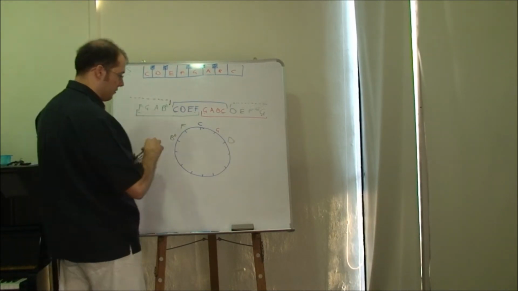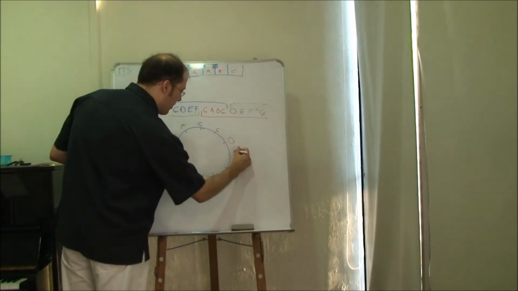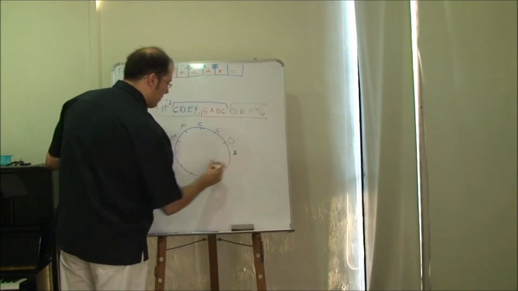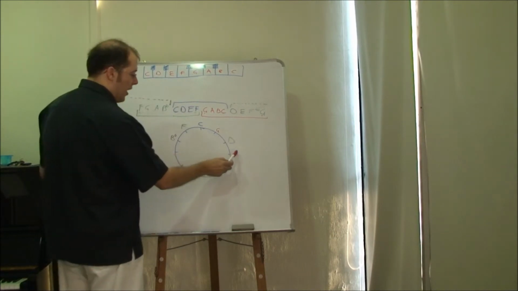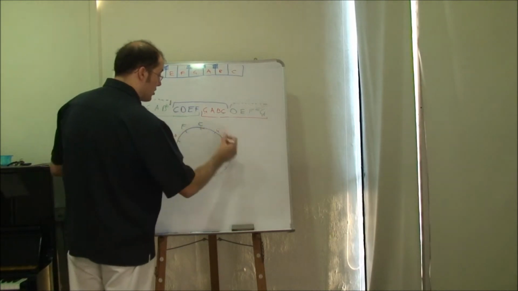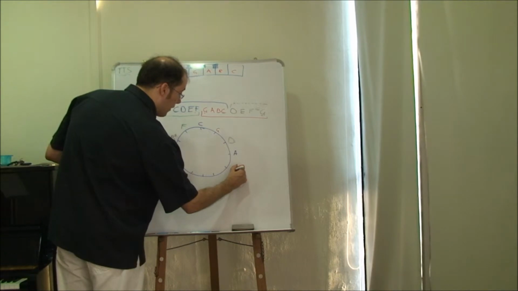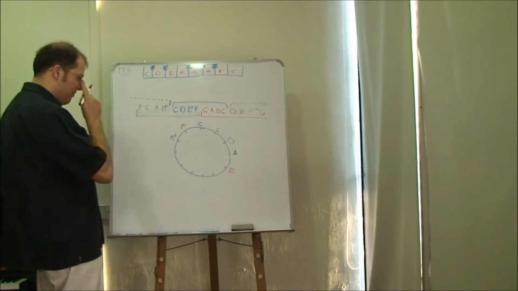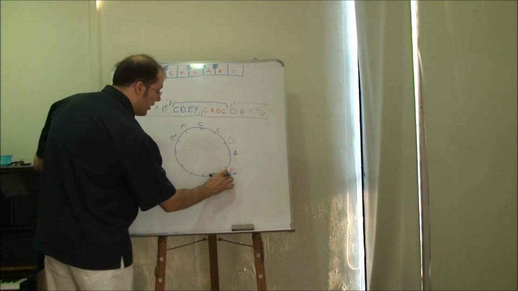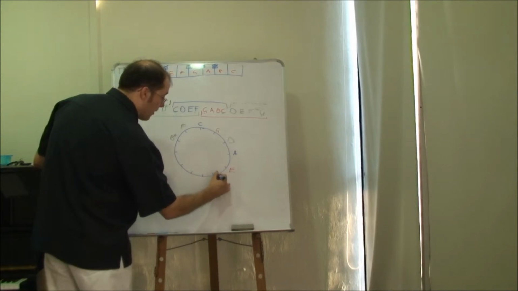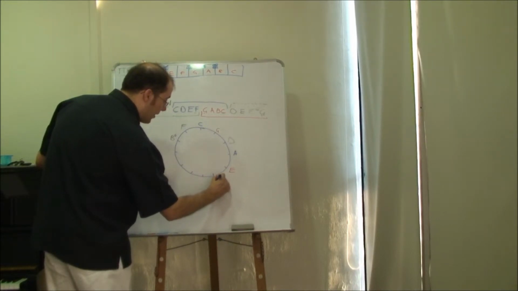So what's the next one around? We go D, and then we go A, and then the next one will be A, B, C sharp, D, E, and then the next one will be E, F sharp, G sharp, A, B.